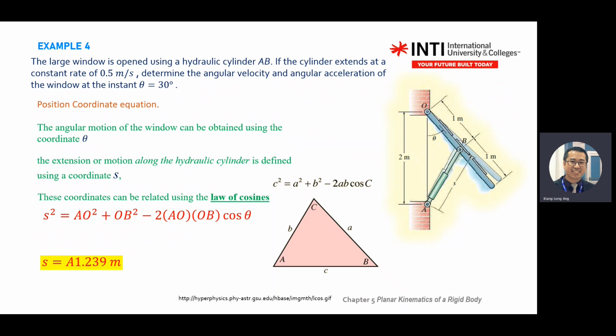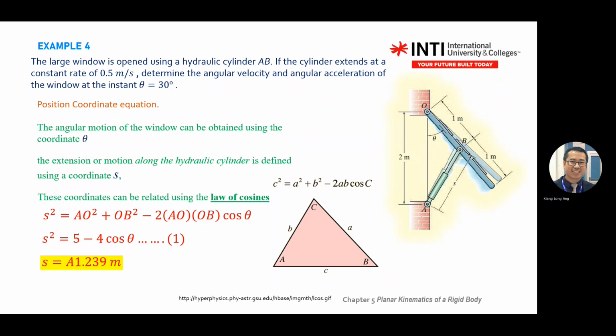I won't go deep into the mathematics. Go home and look at the mathematics. Then you arrive at this equation: S square equals 5 minus 4 cos theta. Then what angle do you substitute? 30.